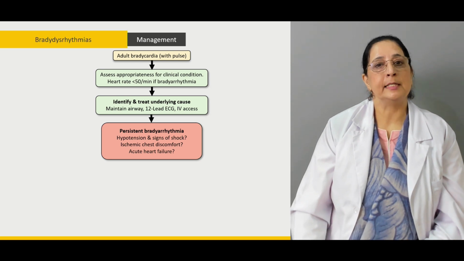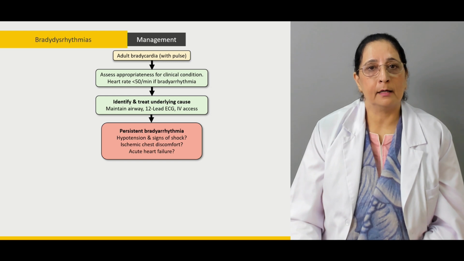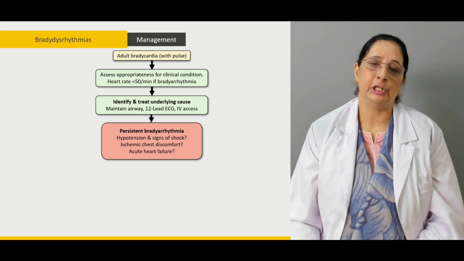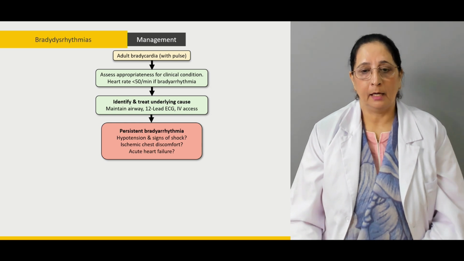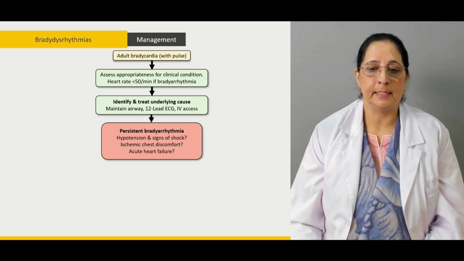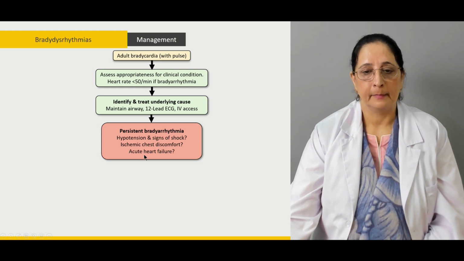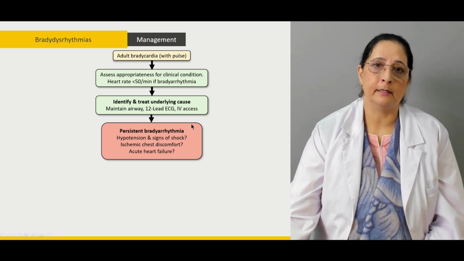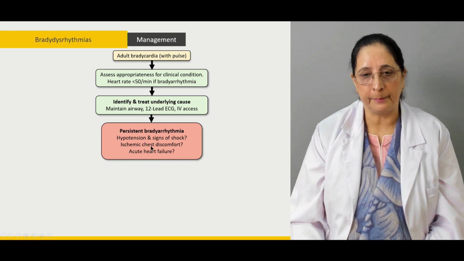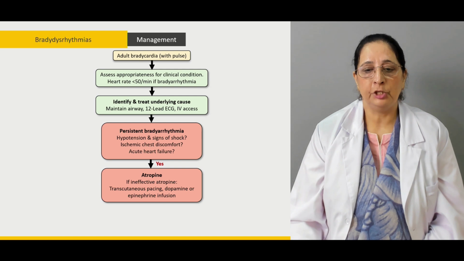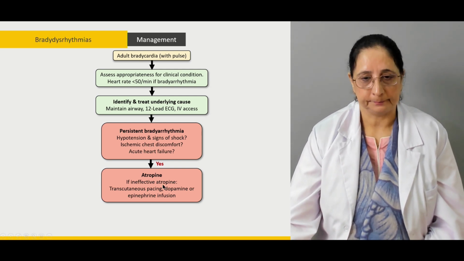If there is persistent bradyarrhythmia and there is hypotension, low blood pressure, signs of shock present, if there is ischemic chest discomfort, acute heart failure. So if there are signs of all these complications, then we should give the drug known as atropine.